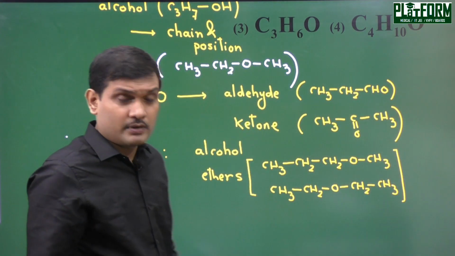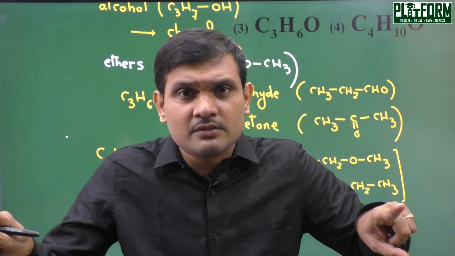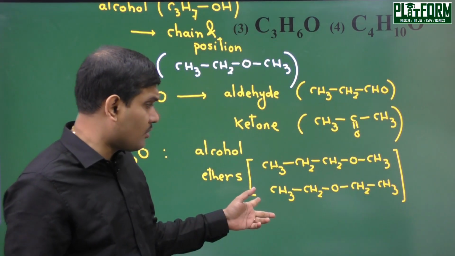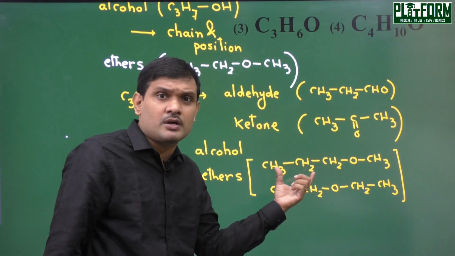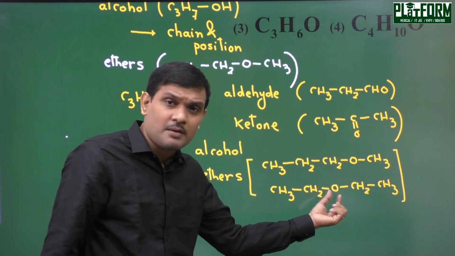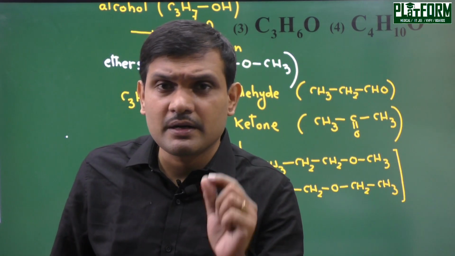Now what are metamers? With respect to a polyvalent atom, if the chain length on both sides differs, they are called metamers. So definitely you have got a metamer. In the first compound, with respect to oxygen, one side has 3 carbon atoms and the other side 1 carbon atom. In this case we have 2 carbon atoms on each side. So definitely they are metamers of each other.